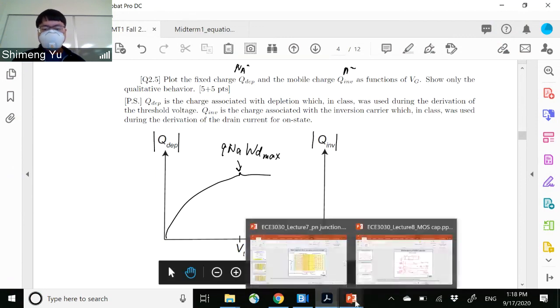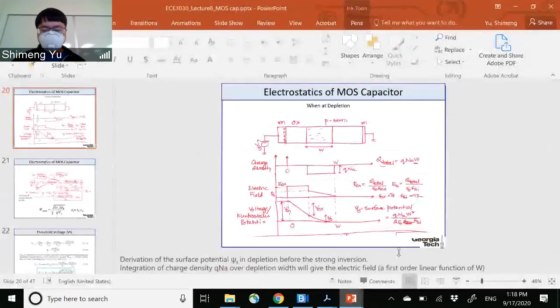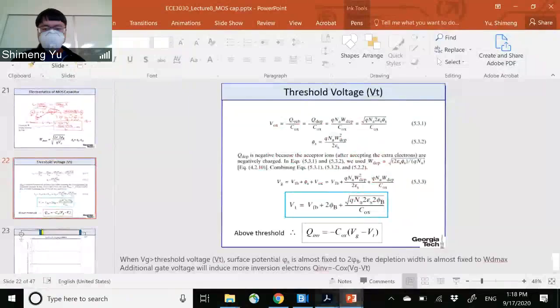And then it's given by this formula here, I think. Above the threshold, the inversion charge, you see here, if we take the absolute value, is the capacitance times the voltage. This voltage is the gate voltage minus the threshold. This minus is because you have to overcome the threshold voltage to induce the inversion charge, electron in this case.